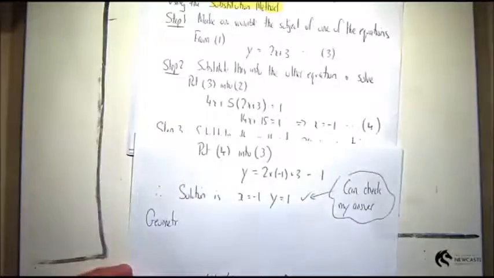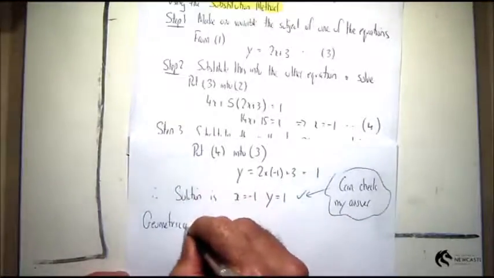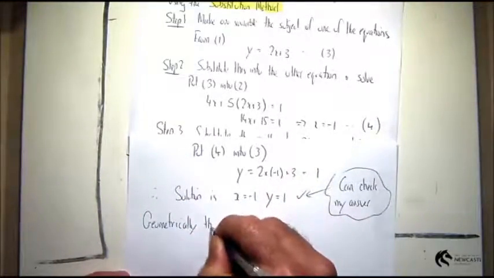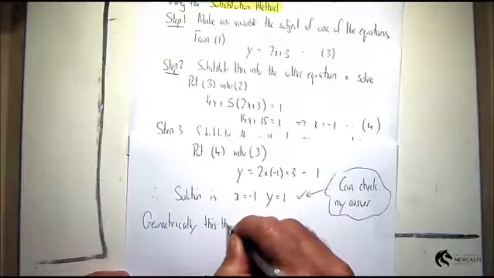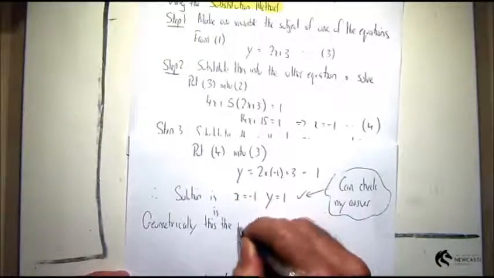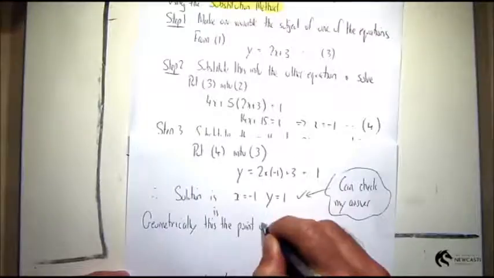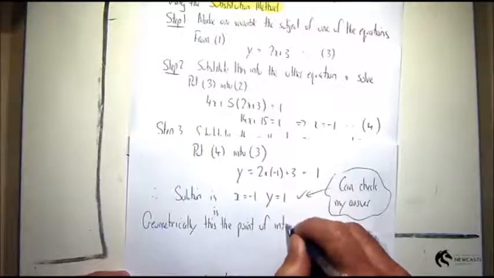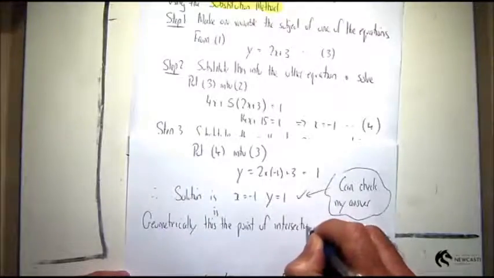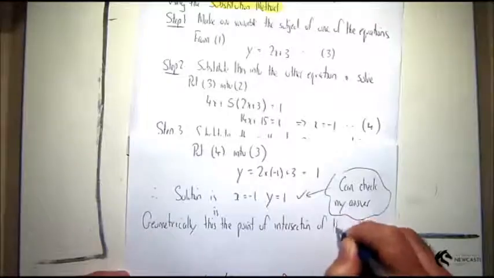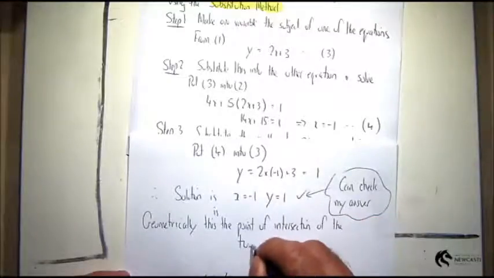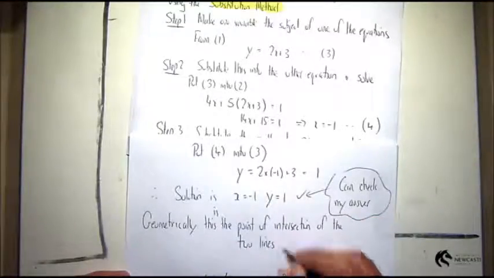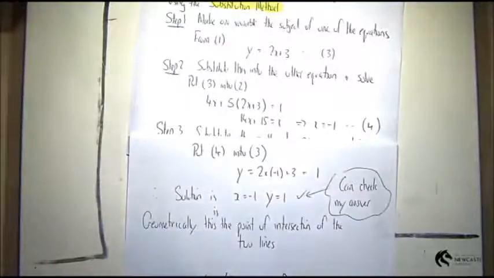Geometrically, this is the point of intersection of the two lines. So those two lines intersect at the point minus 1, 1.